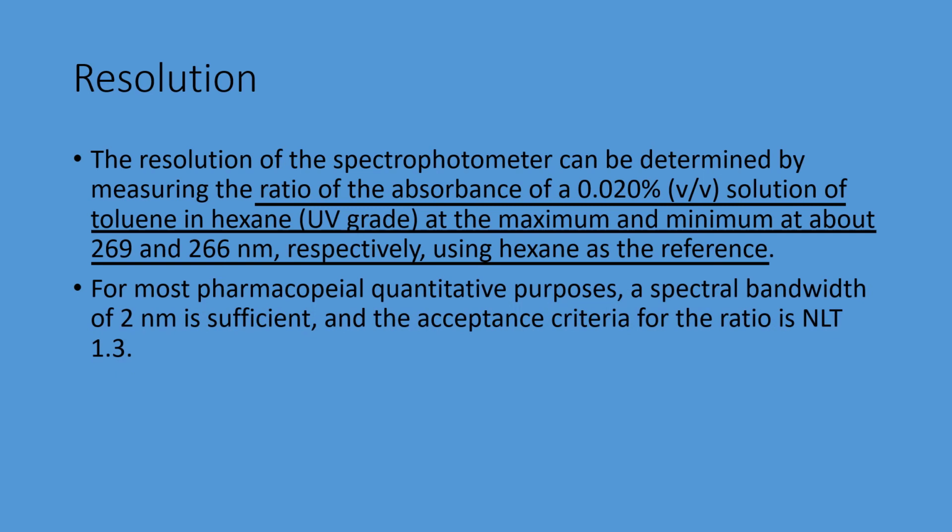For most pharmacopoeial quantitative purposes, the spectral bandwidth of 2 nanometers is sufficient, and the acceptance criteria for the ratio is not less than 1.3. So generally a bandwidth of 2 nanometers is acceptable and the ratio of not less than 1.3 is acceptable when measured with toluene.